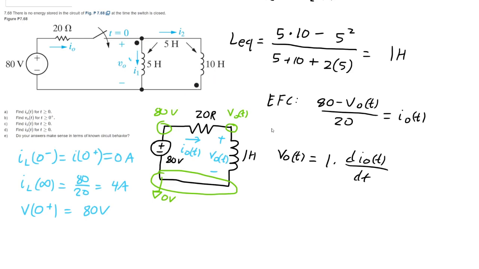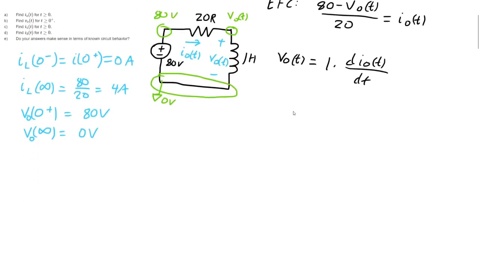We can also think about v_o(infinity). Like I said before, the inductor becomes like a short after it reaches the steady state, so the voltage drop across the inductor is 0 volts at infinity. We're going to use those later to solve our differential equation.